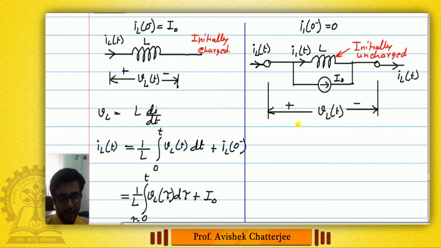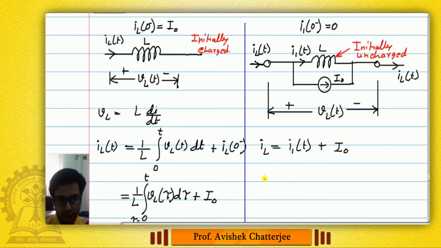Okay. Now what is the relation between IL and VL? Note that IL in this circuit is not the current through the inductor, but the total current I1 plus this I0. This is the total current that I am calling IL. Now IL is equal to I1(t) plus this I0.